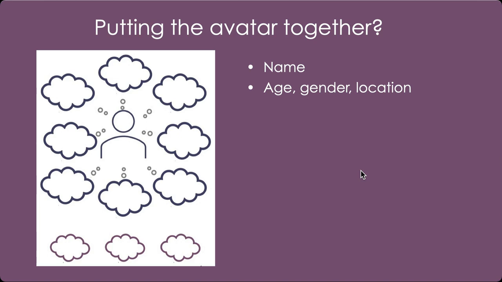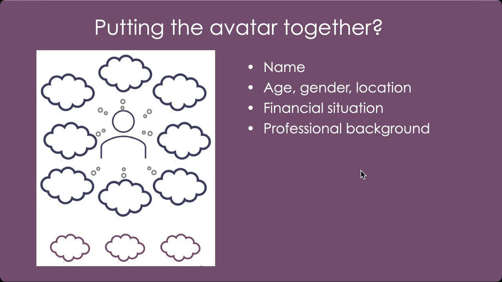Gender and location, if they matter, but obviously for your avatar, you're going to have to create that and imagine that. A financial situation, now that could just be earns 50 grand a year, or if they're self-employed, how much do they earn, or if they are retired, affluent, give a sense of how much available money they have, how financially free they are.